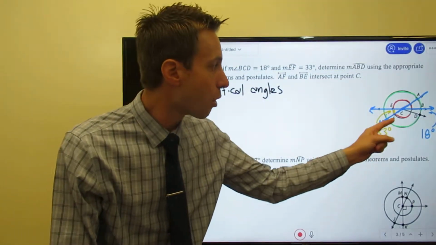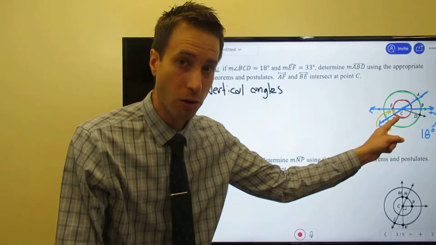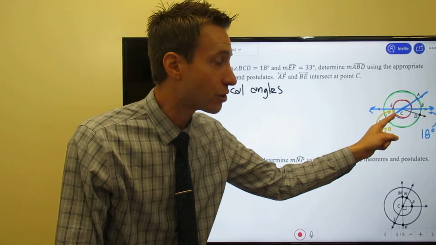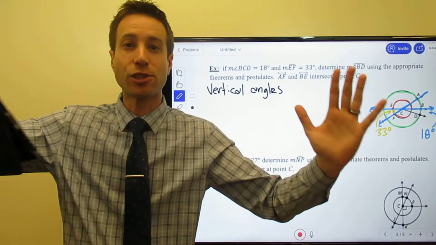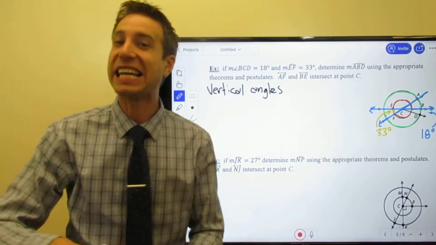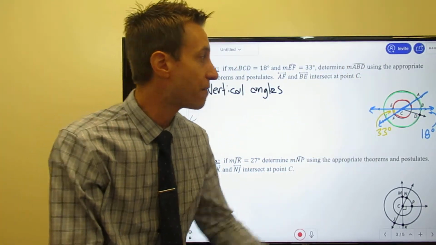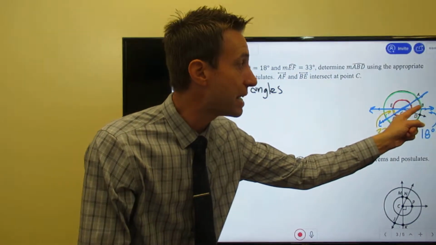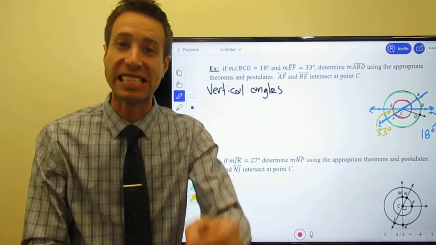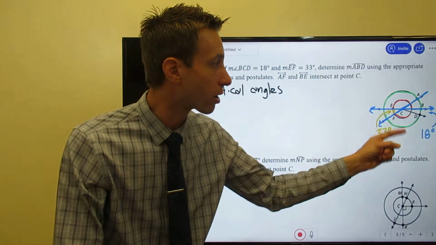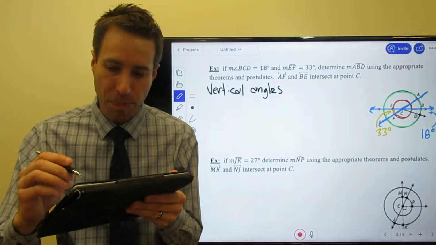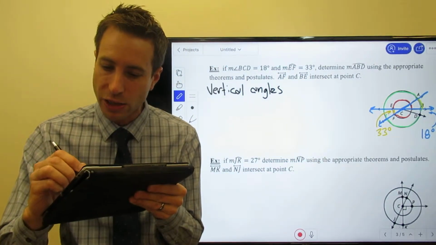So even though the red circle is smaller, arc EF is 33 degrees. I make that circle bigger. It does not change the fact that arc AB will have the exact same measure as arc EF. They're both going to be 33 degrees.